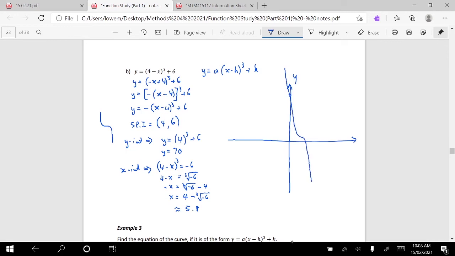And it is a sketch, so it doesn't have to be exactly to scale. Let's try and give a bit of an idea here. So that's at 70, and this is 4, 6, and our x-intercept here is going to be 4 minus the cube root of negative 6 as our x value and our y value of 0.